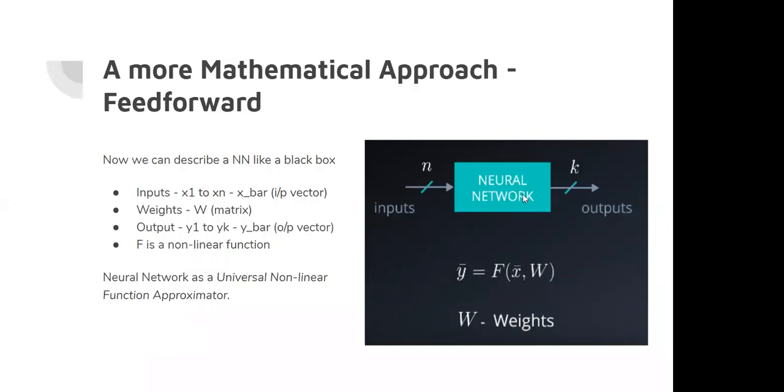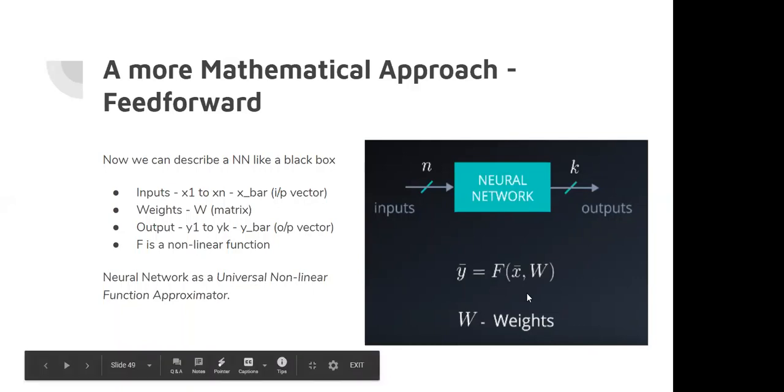What the neural network is actually doing, as we saw before, is calculating a nonlinear boundary. So it is acting like a universal nonlinear function approximator. You can describe that in this form. You have y bar, which is your output, and then you have this nonlinear function, which is what your neural network is doing inside, and then you have x bar, which is your input.